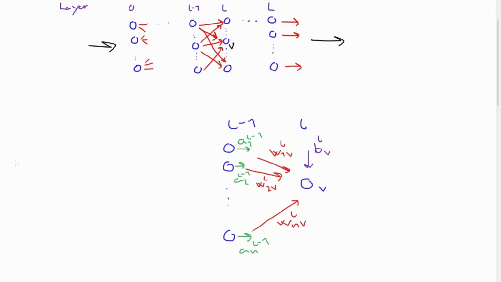So what happens is we take this entire linear combination, and this linear combination has a special name, which we refer to as the weighted input. So the weighted input at neuron v of layer L would be the sum of the scaled activations, as mentioned. The activations are scaled by the weight values. And then, as mentioned, we add the additional bias term.